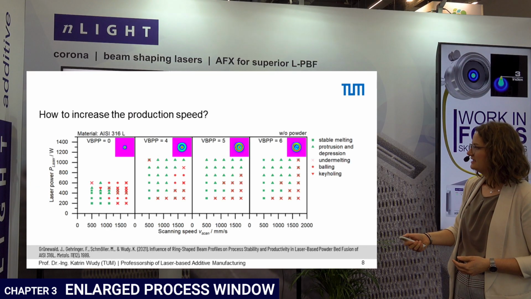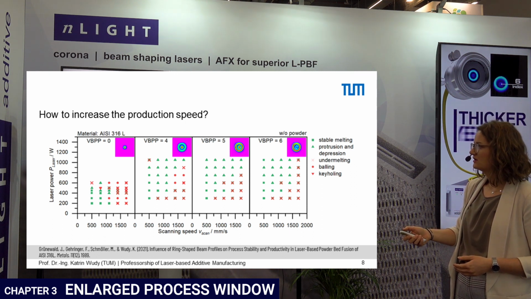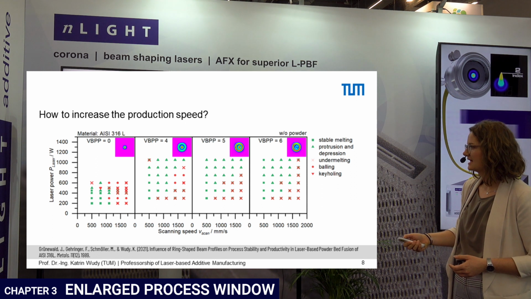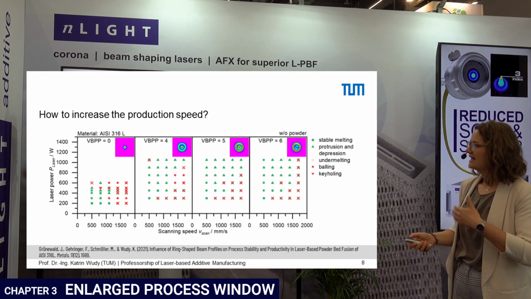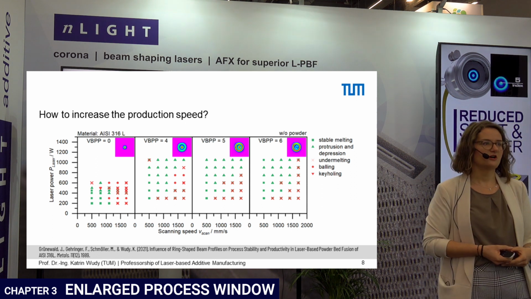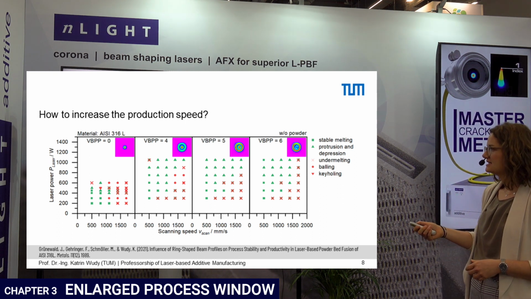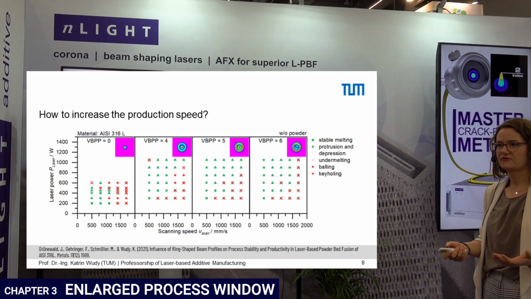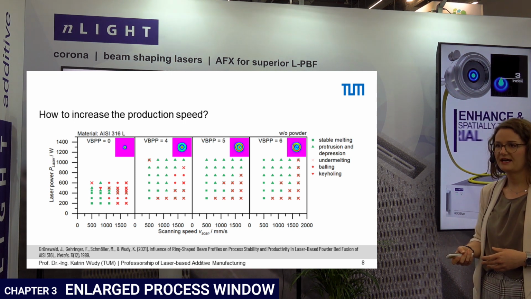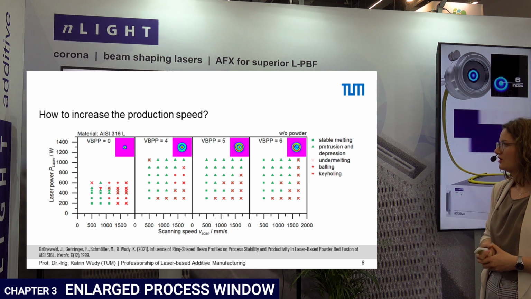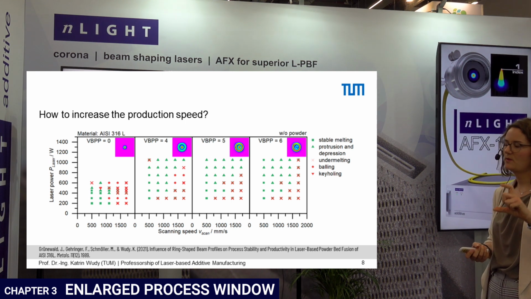What you can see here is a typical process window where you have the laser power on the y-axis compared to the scan speed on the x-axis. On the left-hand side, it's for a typical Gaussian beam profile for stainless steel material. The green areas are where you have successful processing, which means you have the right density, for example, or the right combination of welding width and welding depth.